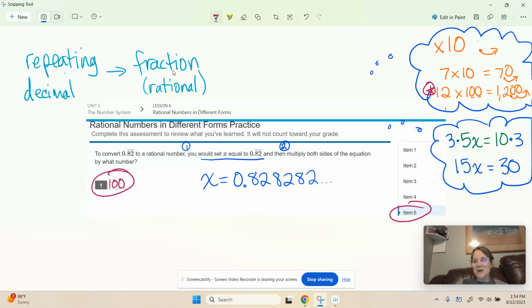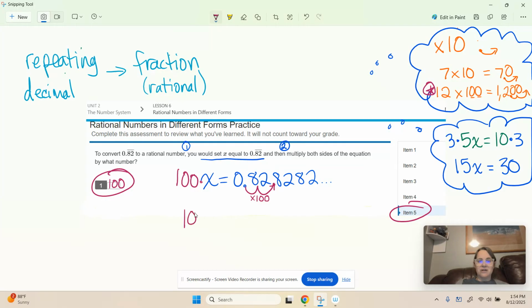I'm just going to keep going so you can see why we do that. The decimal moves 2 places to the right if I multiply by 100. So 100 times x is 100x. The 0.82 repeating, we multiply by 100.